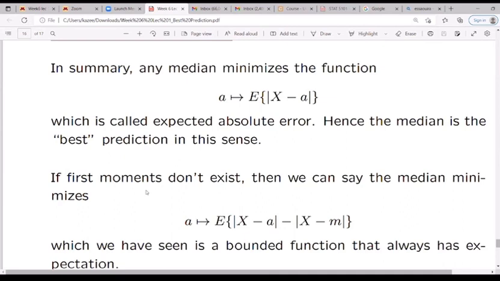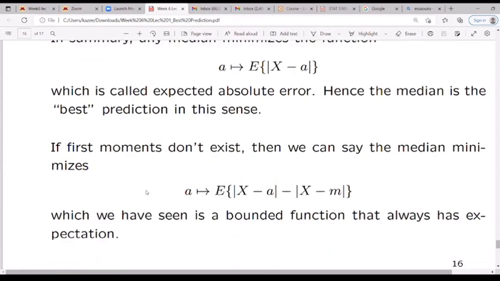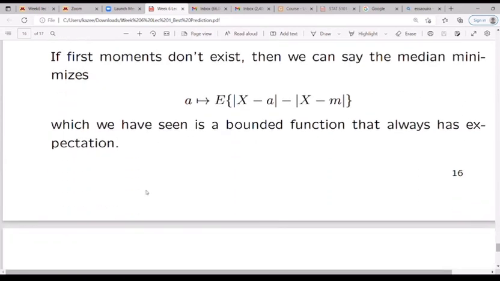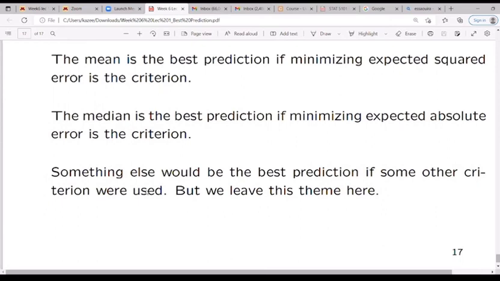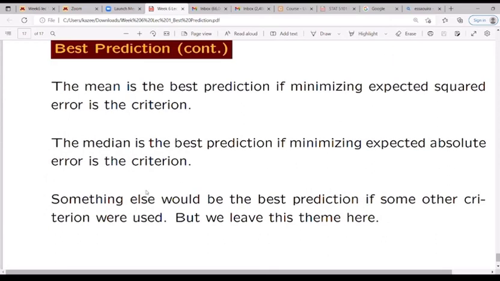The mean is not going to be the best prediction for that, and what is going to be the best prediction is basically the median. I think that is actually the takeaway. The mean is the best prediction if you're minimizing expected square error, but the median is the best prediction if you're minimizing absolute error.